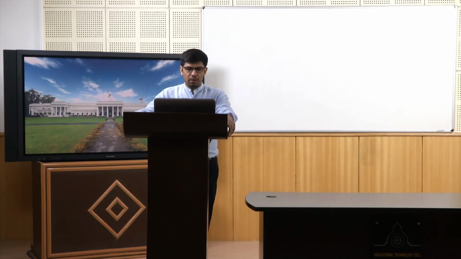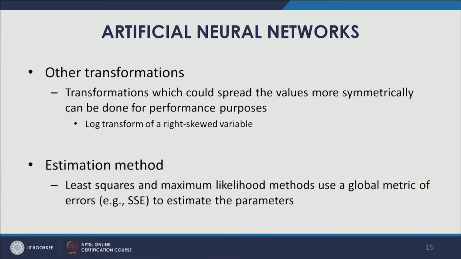As you can see in the first point, a transformation which could spread the values more symmetrically can be done for performance purposes, just like the 0 to 1 normalization and this log transform, if we have a right skewed variable, so that the values are more evenly spread. Those kinds of transformations can be done to improve the performance of our neural network model.